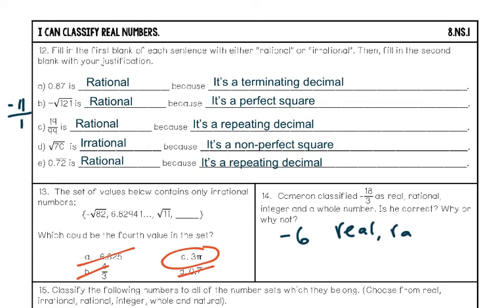It's rational because it is an integer. So it is an integer because it's a positive or negative whole number. And then he classifies it as a whole number. However, negatives cannot be whole numbers. You can never have a negative whole number. So he is incorrect because you can never have a negative whole number. It's only real, rational, and an integer.